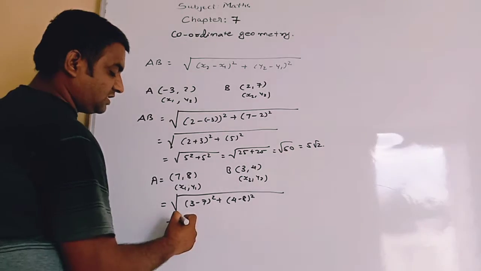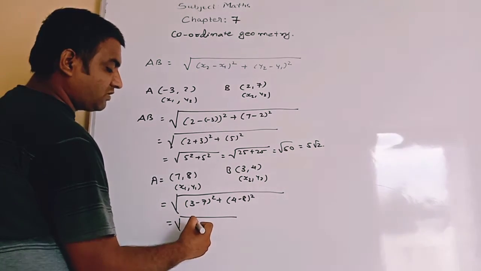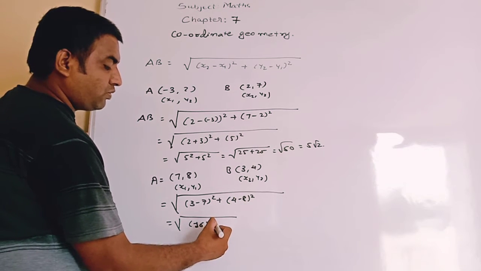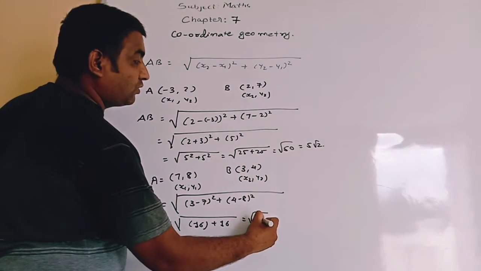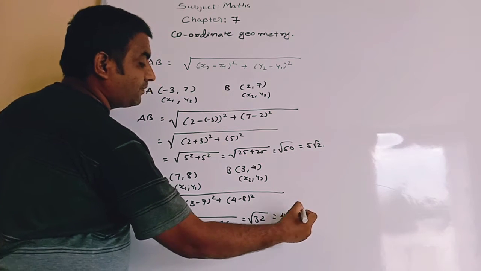So 3 minus 7 is minus 4, square, that is 16. 4 minus 8 is also minus 4 square, so 16. And 16 plus 16 is root 32, that is 16 times 2, so 4 root 2.